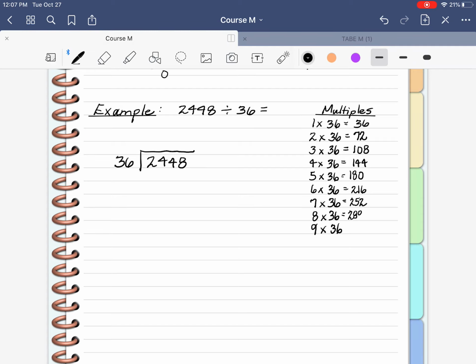And 9 times 36 is 324. So those are the iterations of 36.